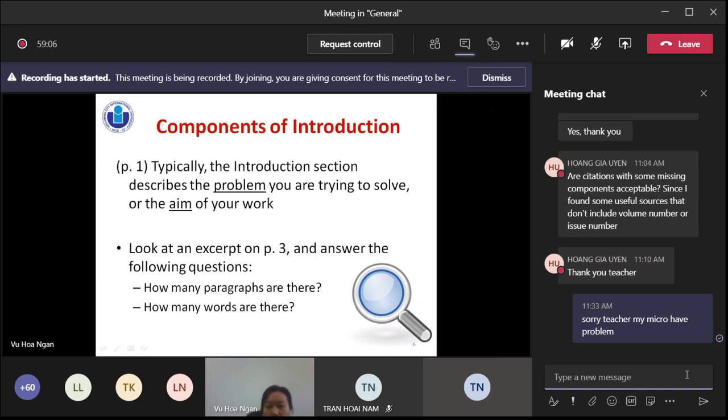So that's why we call it the introduction section or chapter, right? Even in your thesis, you may have the term introduction chapter. It can have more than one paragraph. Does that make sense? And for me, an introduction can be an essay, right?